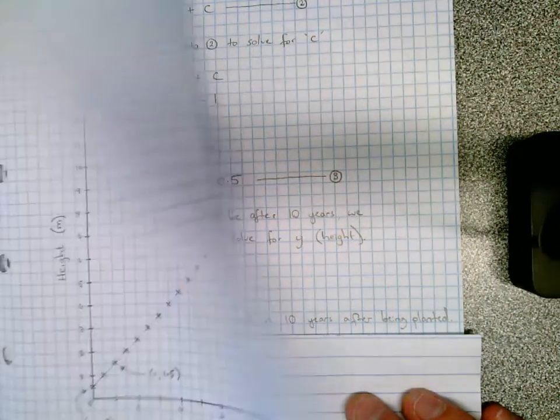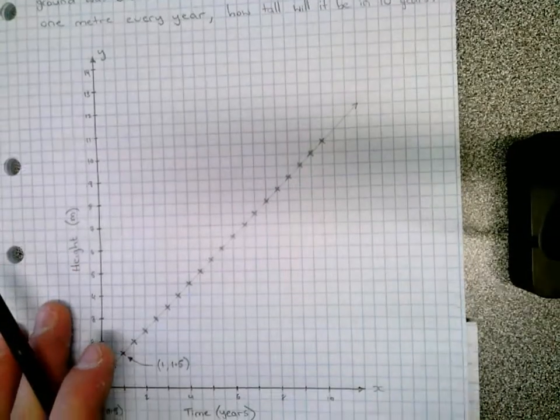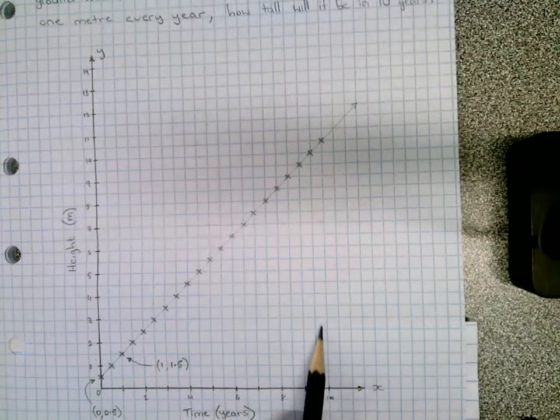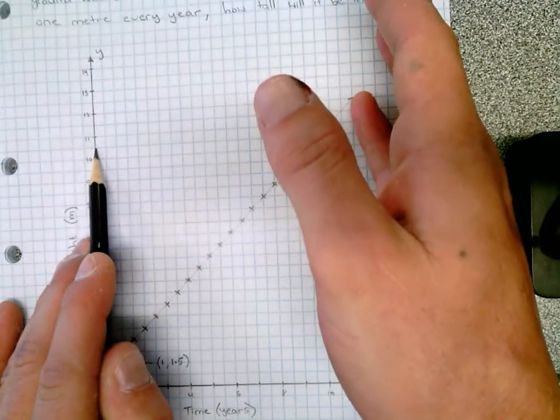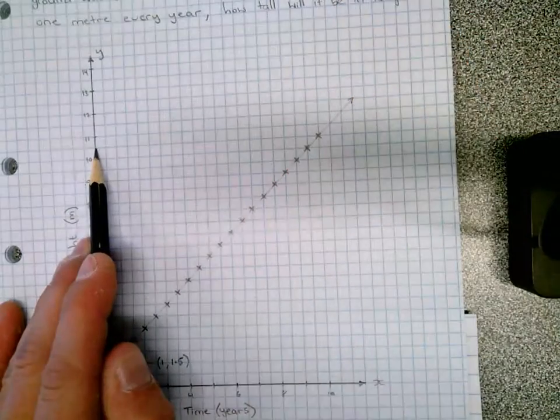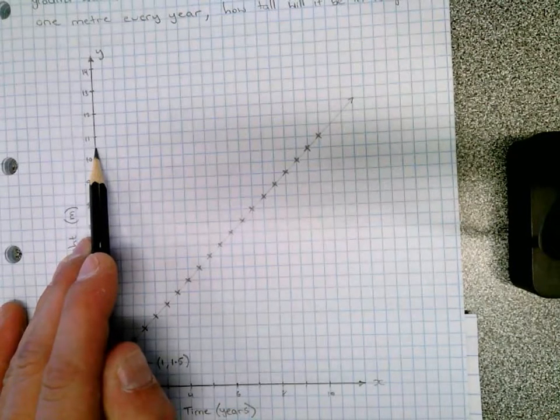You can check that against your graph. If you look at the 10-year mark, and go up and across, you'll note that it does occur at 10.5. So it does match up on our graph nicely as well.